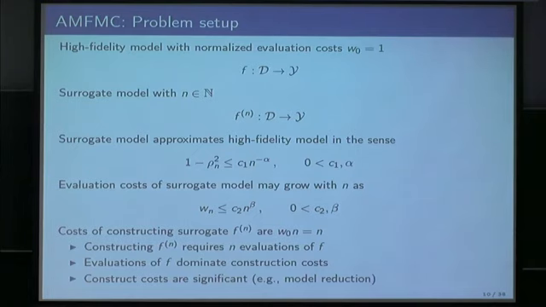Now the additional part for us is that we say for constructing the surrogate model f_n, we also need to invest n evaluations of the high fidelity model. And since our w naught is 1, we have to invest costs n. Okay, and again, let me emphasize that in the model reduction setting, it is critical to take these costs into account because often we really have to evaluate the high fidelity model multiple times. Okay.